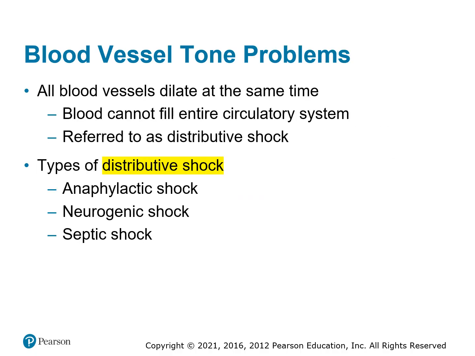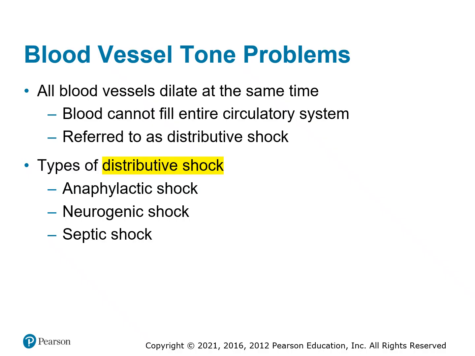Or a blood vessel tone problem, and all the blood vessels dilate at the same time, and you've kind of increased the size of all the pipes in your body, and the blood can't fill them, so the blood pressure drops. And this is a distributive shock.